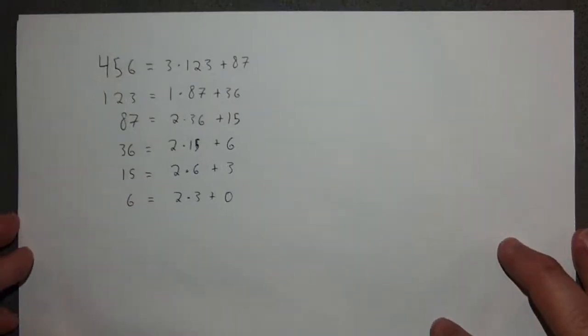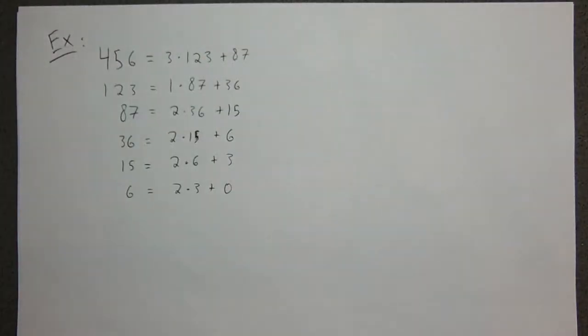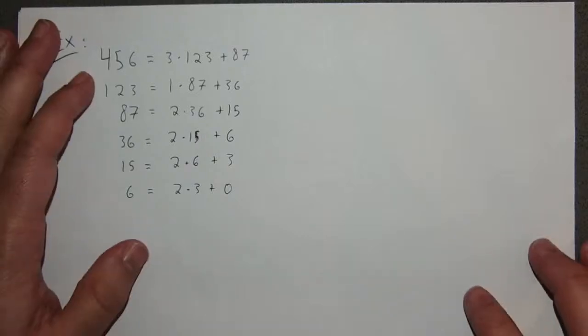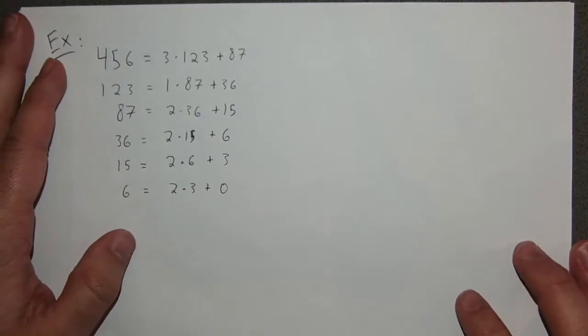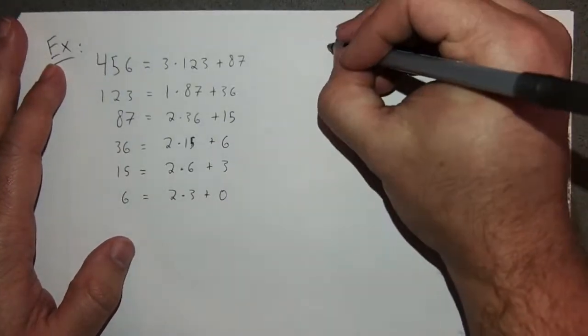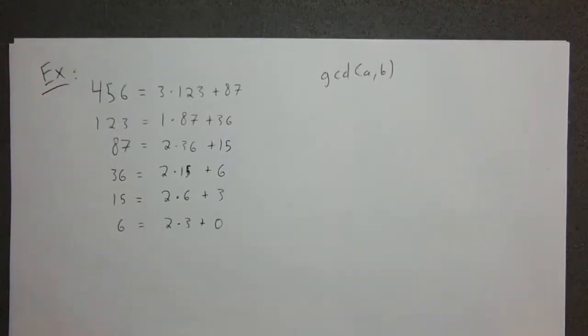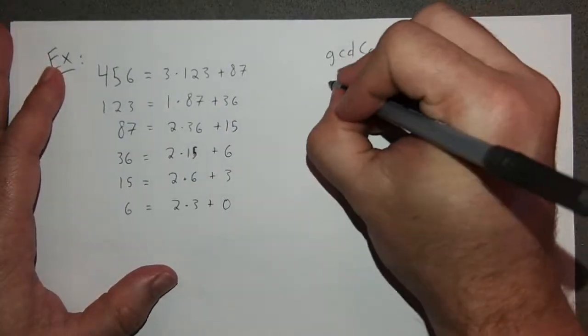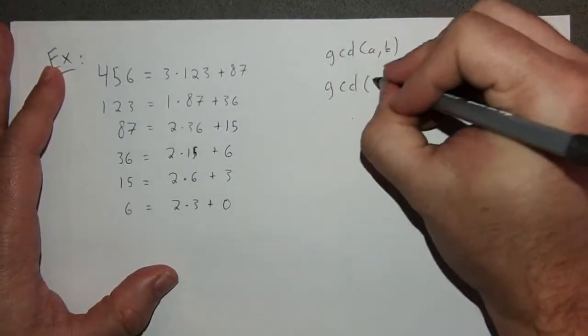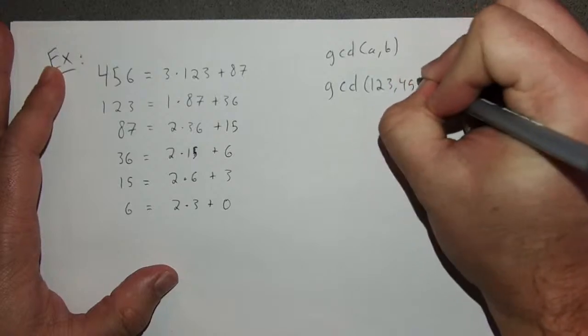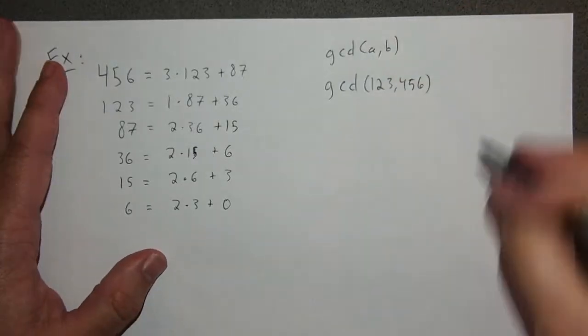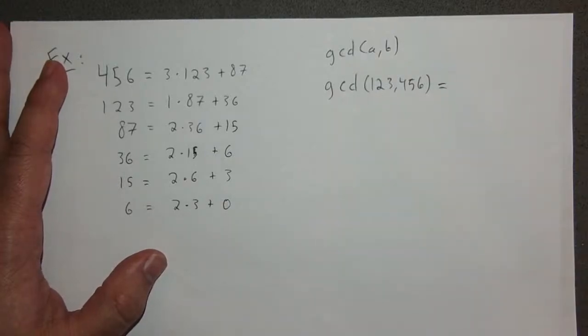Let's revisit on a clean sheet this example we had already worked through. This is the Euclidean algorithm done to compute the GCD of 123 and 456. I want to express the GCD of, say, 123 and 456, it doesn't matter what order, as a linear combination.